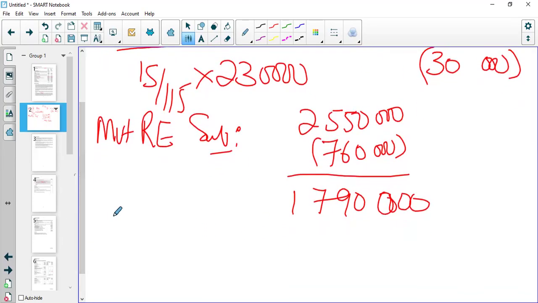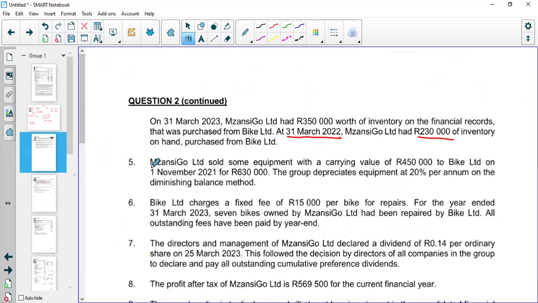Was the subsidiary a seller of any unrealized profit? We remember that the subsidiary sold some equipment last year, because we want anything that was sold which had an effect last year. So it sold something for 630,000, and the carrying amount was 450.